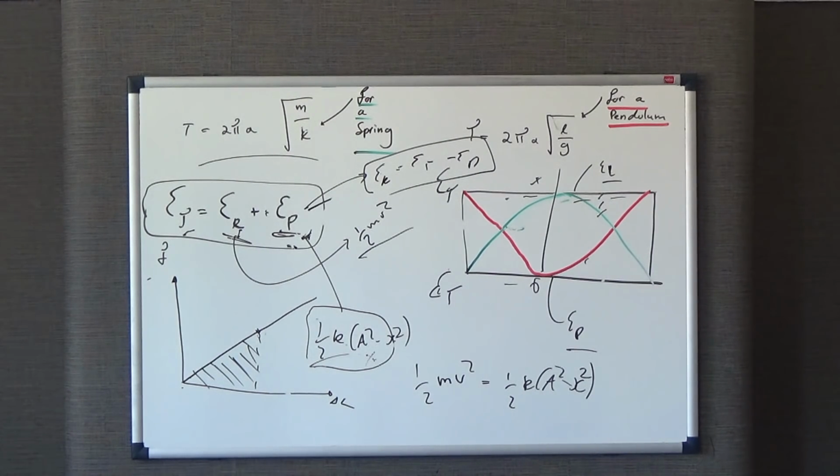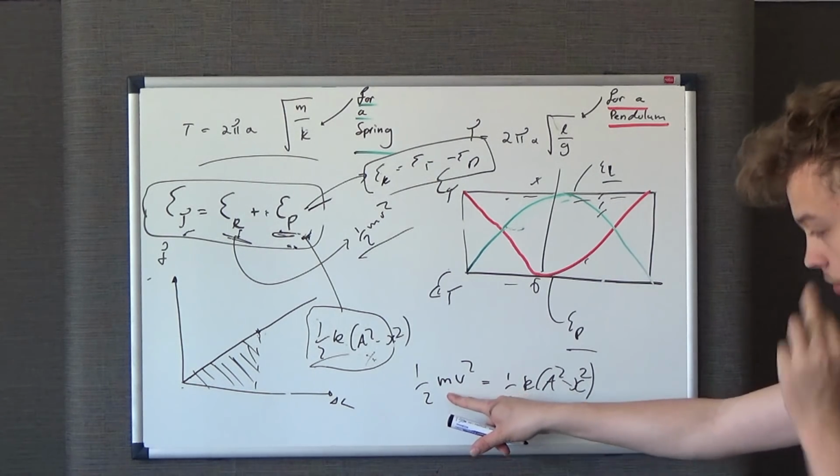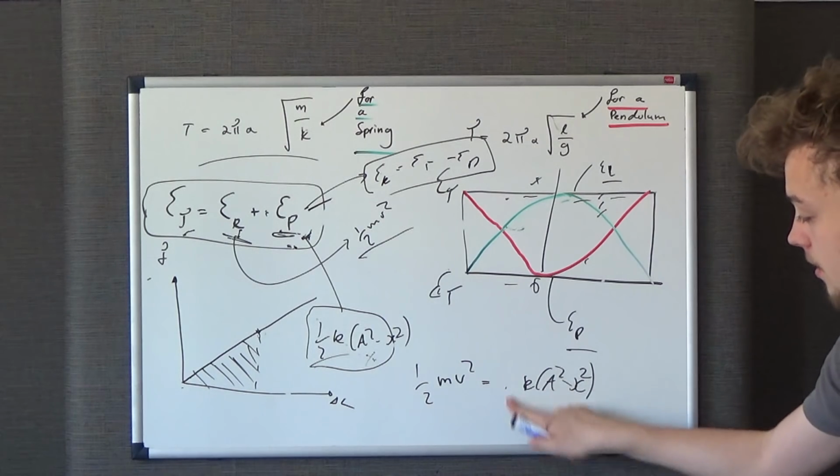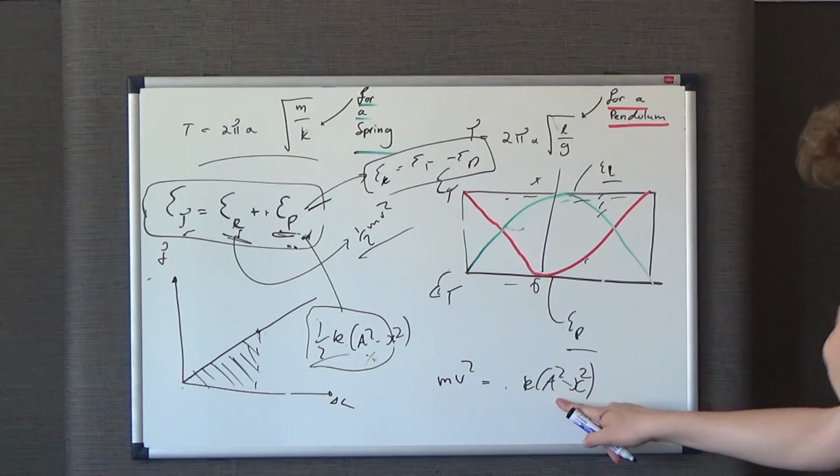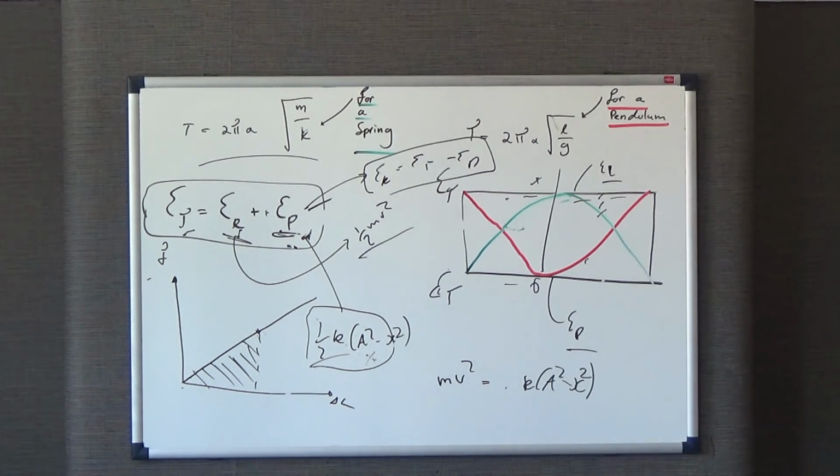I'm probably not doing this very well. Sorry, I'm just trying to get my head back to it. So if we times both sides by 2, we'll be left with m v squared is equal to k a squared take x squared.